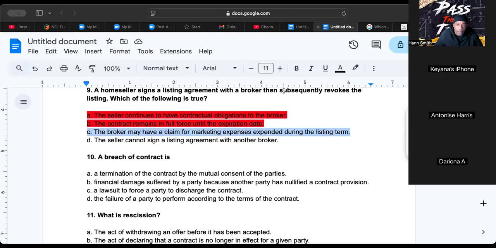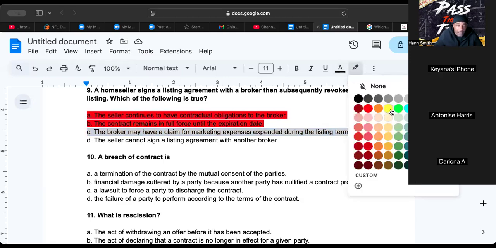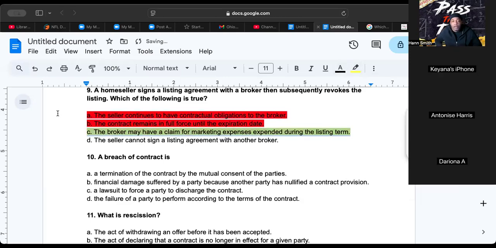Here's the thing. Another thing, there's a caveat to this. If the listing agreement spelled that out in the agreement, let's just think in real life how this would work out. Kiana, you're selling your house. Antonise comes to your house and y'all talk about selling it and you sign up with Antonise. Boom. Remember, listing agreements are very canned. They have the exact same wording, they just have the necessary information in there. But then say for instance, Keanu, you say, hey, I need to sell this thing fast.